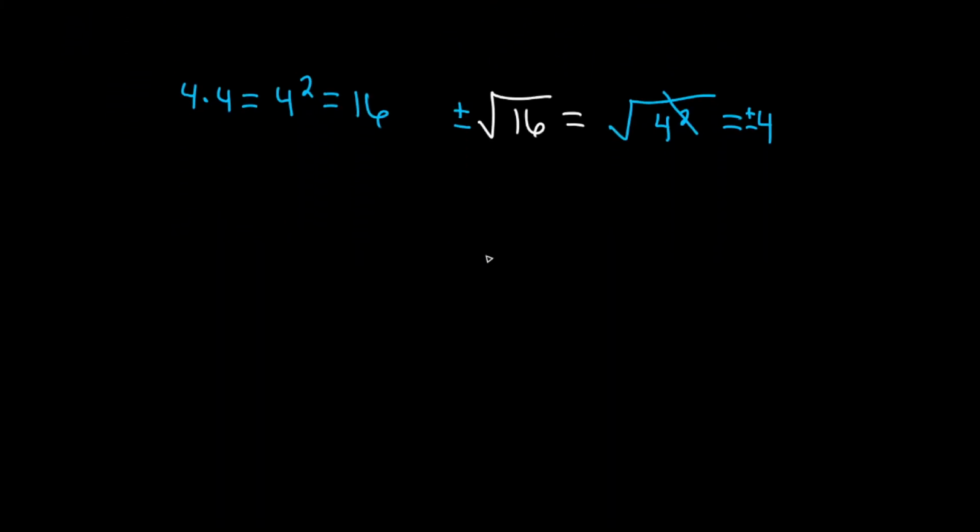So let's do a couple more examples. If you take the square root of 36, first thing I would do is put this plus or minus in here to remind myself, once it's time to actually give the answer, to put the plus or minus in the beginning.